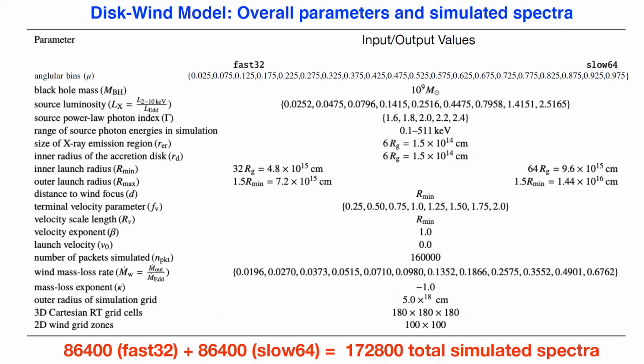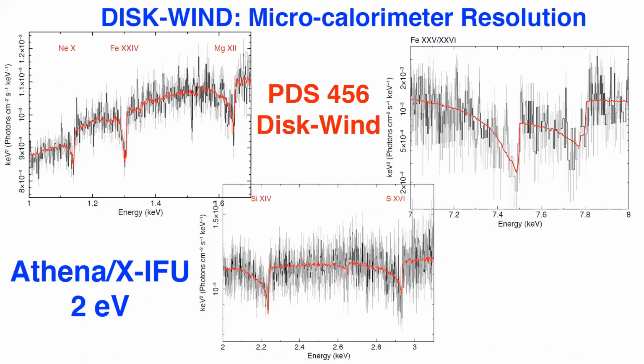But things started changing when I started working with the Athena people. It was asked: if we're going to work with Athena, what can you do? What kind of spectra could you produce, what would the disk-wind spectra look like? I think the disk-wind is a great thing.